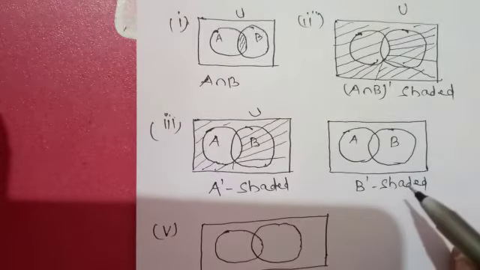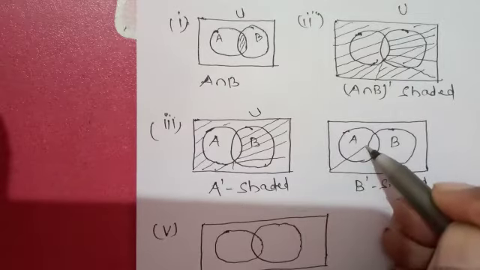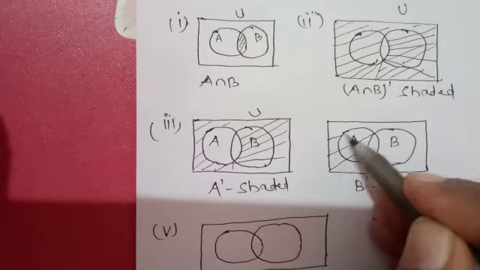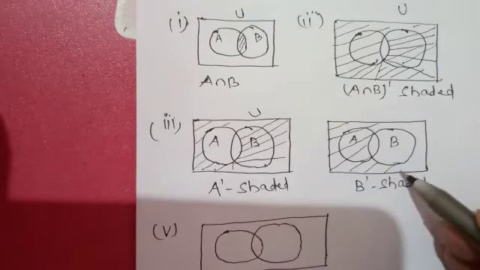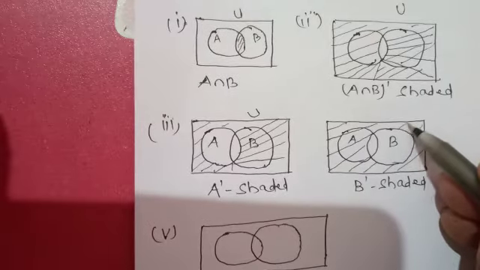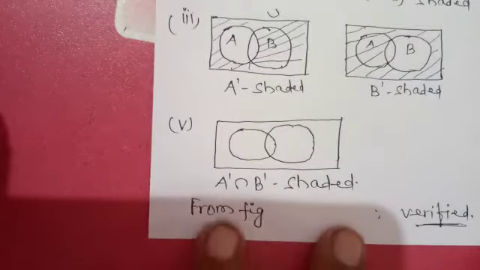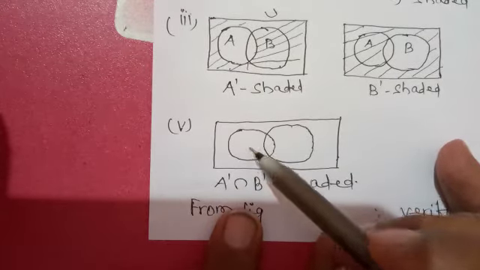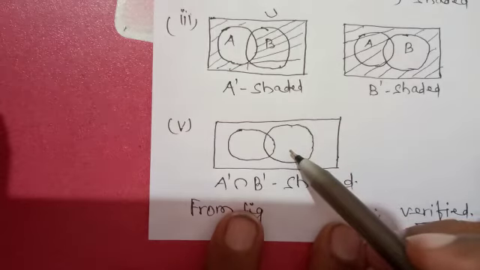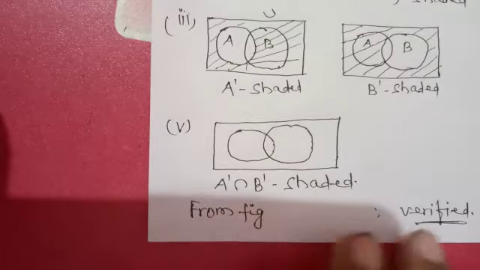In the next figure you have to shade the complement of B, meaning all parts except the elements of B. This one, B complement shaded. And finally you have to shade their common part, that is the complement of A and the complement of B.